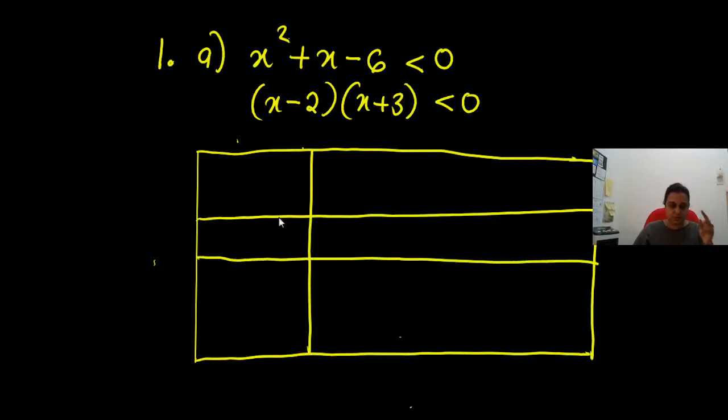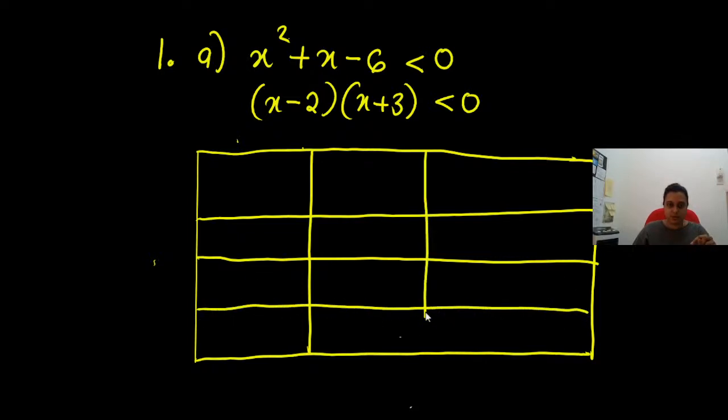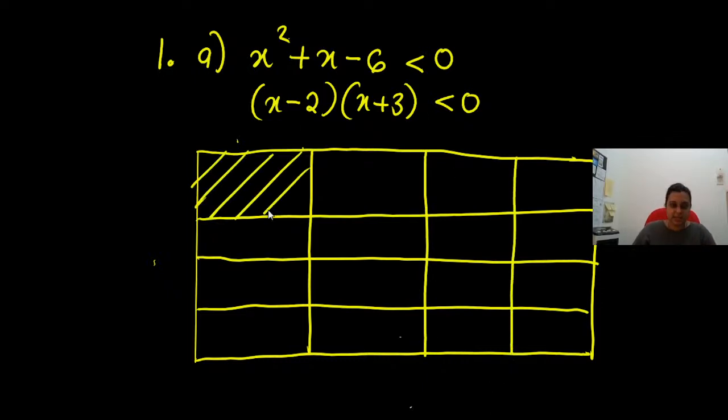Okay, let me tell you all how many rows, how many columns. Actually, you need to draw 4 rows, 4 columns.